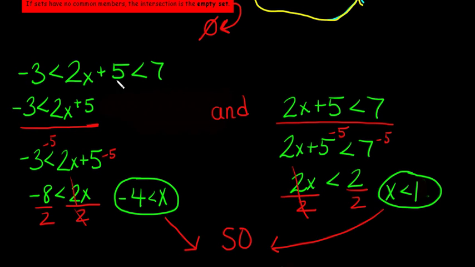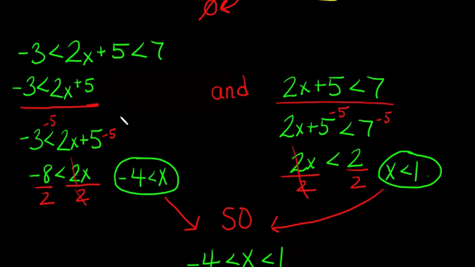So what I did, this is my middle section. I can separate that into saying negative 3 is less than 2x plus 5. That's my first part. My second part is that 2x plus 5 is less than 7. So I separated these into the two parts to show you that they both have to be true, and.